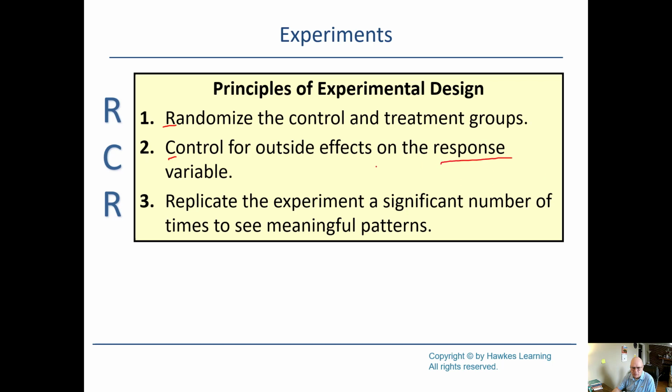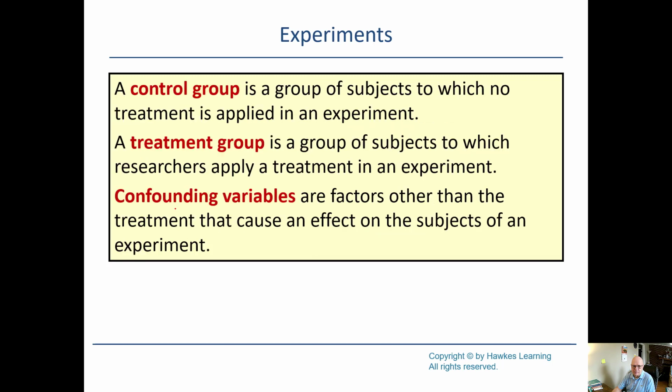One response variable creating the effect. Also, you want to replicate it. In other words, do the experiment to see if you get the same result or meaningful patterns each time. Otherwise, you might have to go back and redesign your whole experiment.